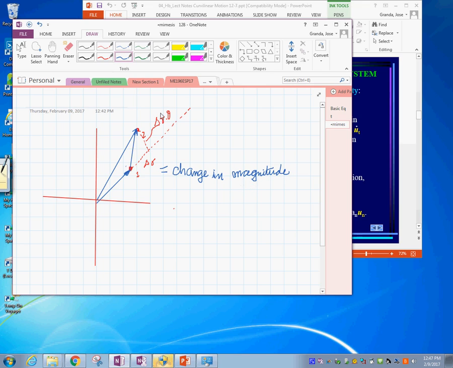And this other one is equal to the change in direction. This one is the term delta r over delta t, delta r theta over delta t. All right.